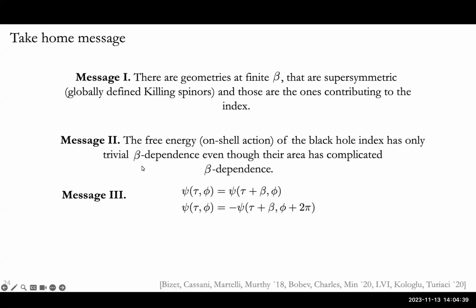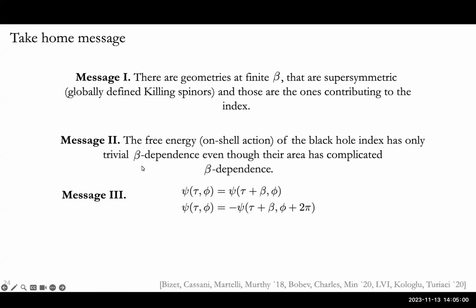And the answer is that in these solutions that are rotating, in any curved solutions in Euclidean signature, the time circle is actually not a contractible circle. The basic confusion that came about in the early days of AdS/CFT assumed that the time circle for all black holes was contractible.